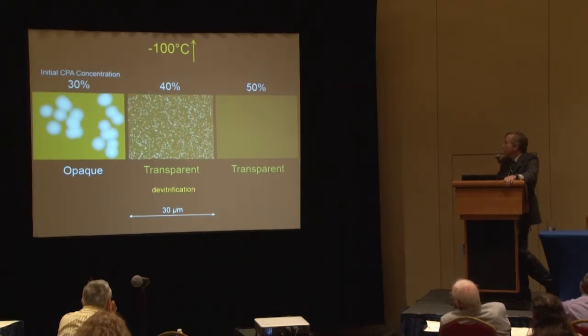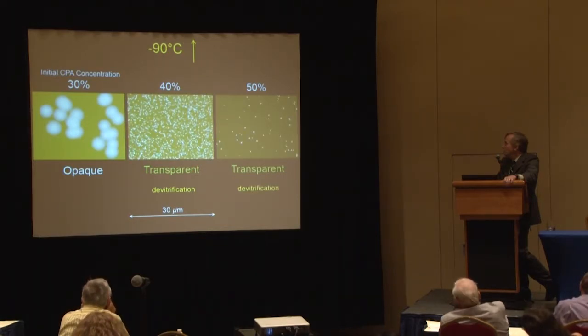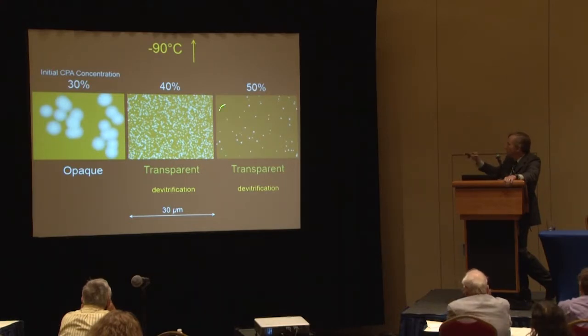As we warm back up to warmer temperatures, ice growth begins to be possible. So we see that the extensively nucleated solution in the middle begins growing ice crystals. And at a still warmer temperature and longer time, the solution on the right begins growing ice crystals as well. However, the solution on the right is growing a smaller number of ice crystals because it didn't form as many nuclei.